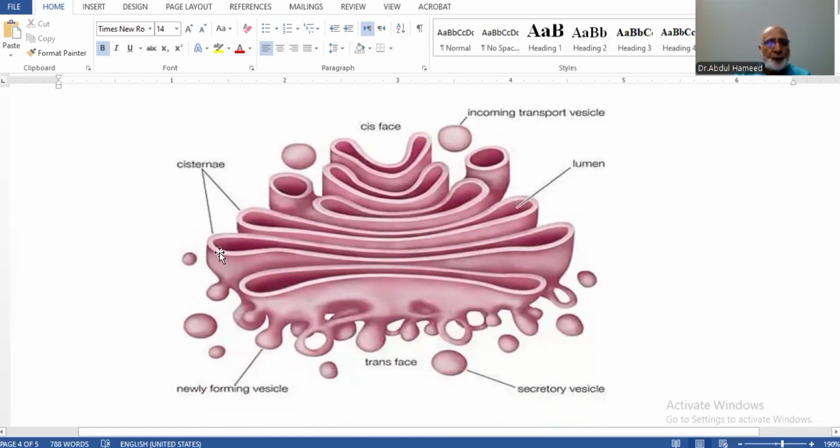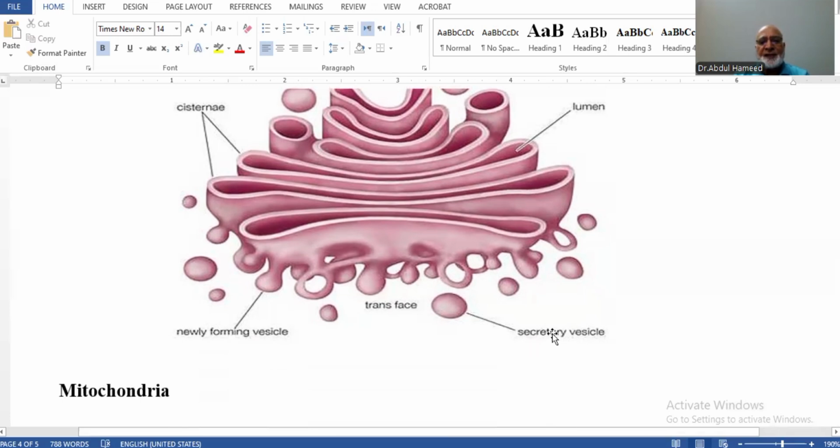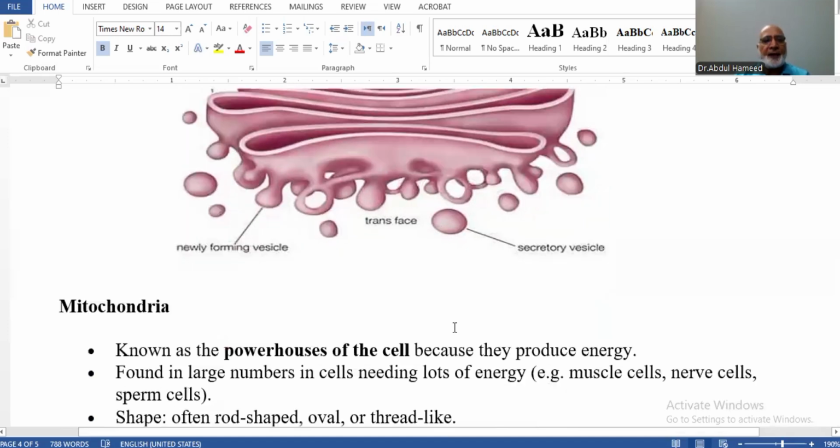As I told you, an individual tube is a cisterna and the plural is cisternae. Inside the lumen, activities are carried out by certain enzymes. So we have incoming transport vesicles at the cis forming phase, and outgoing vesicles at the trans phase. These are secretory vesicles, and they may go out of the cell if required.